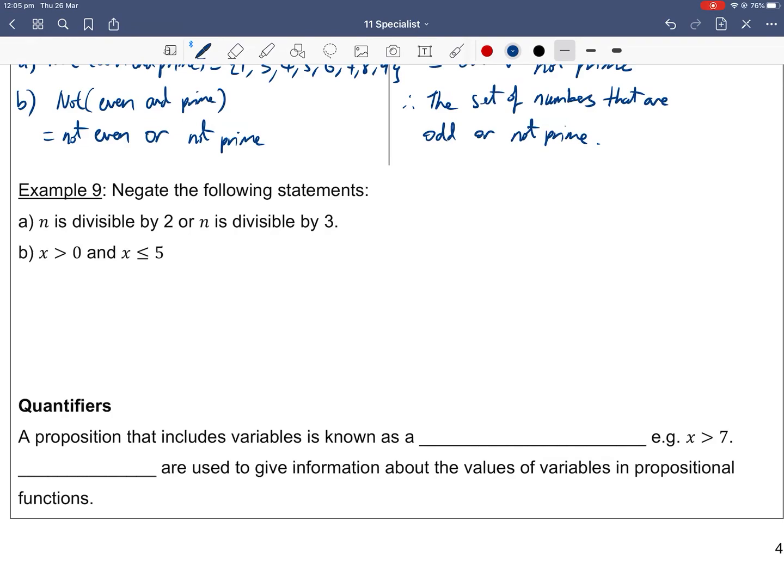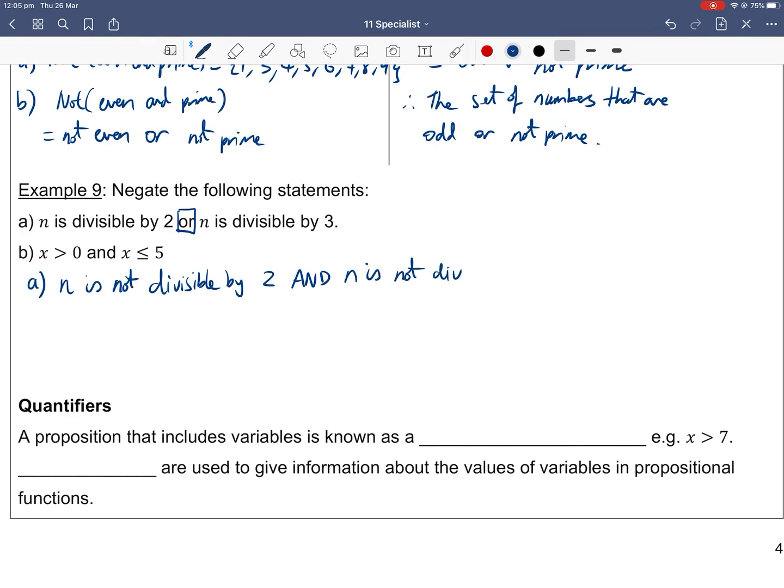Example 9. Negate, so say the opposite of the following statements. Part A: N is divisible by 2 or N is divisible by 3. So we need to negate A or B, which is not A and not B. So not A is N is not divisible by 2, the opposite of or is and, and the opposite of N is divisible by 3 is N is not divisible by 3.